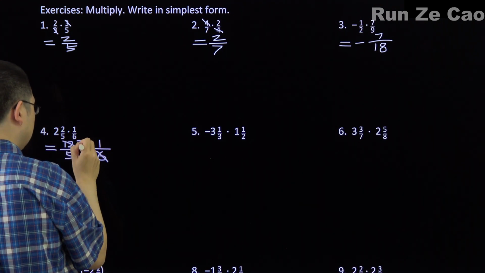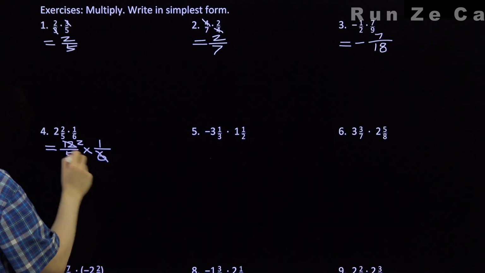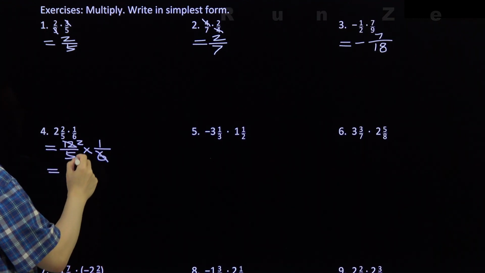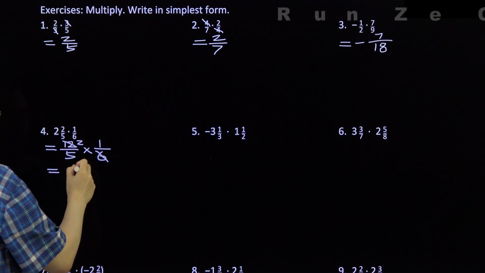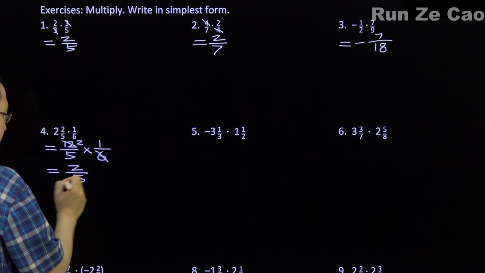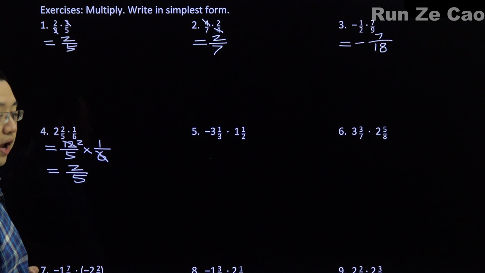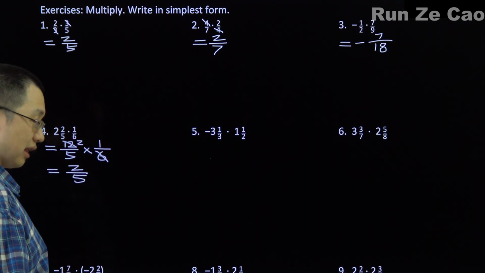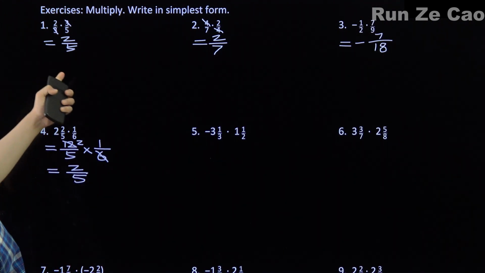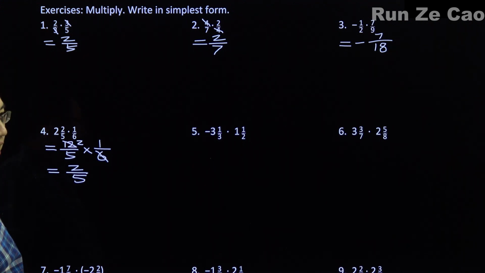So you end up with the 6 canceling with the 12, and you end up with 2 over 5. See, this is much easier to end up with a simplest form answer compared to multiplying and then factoring.